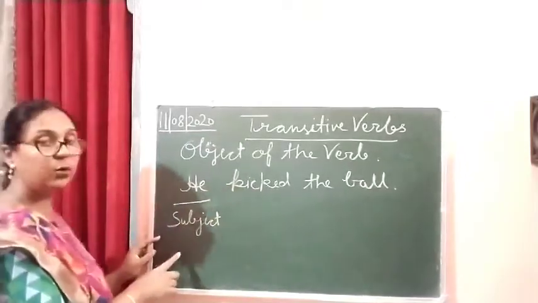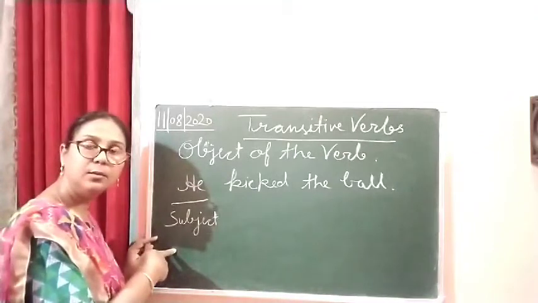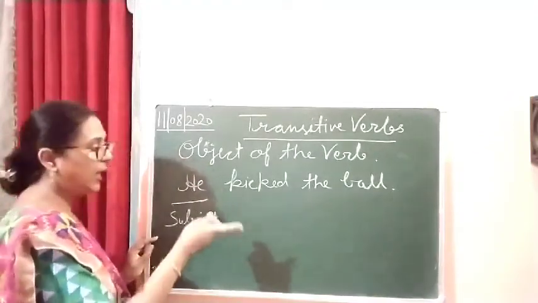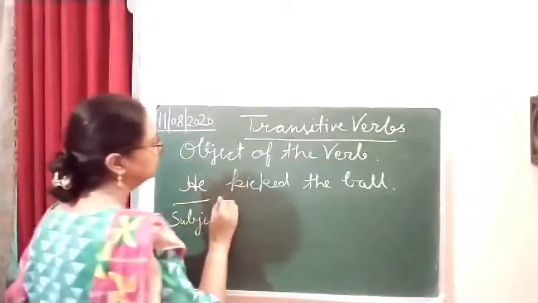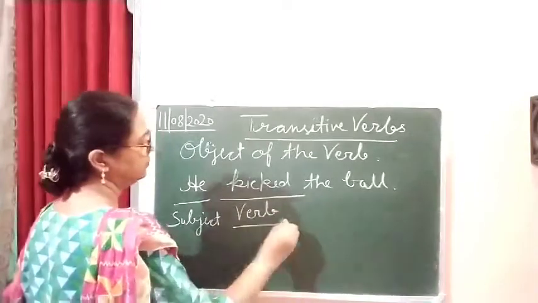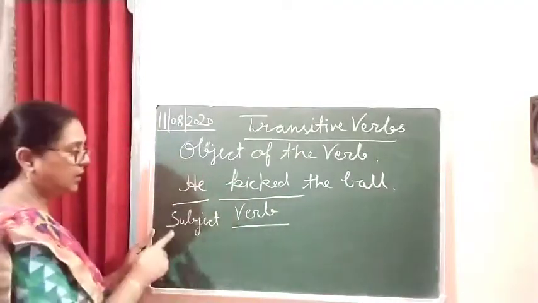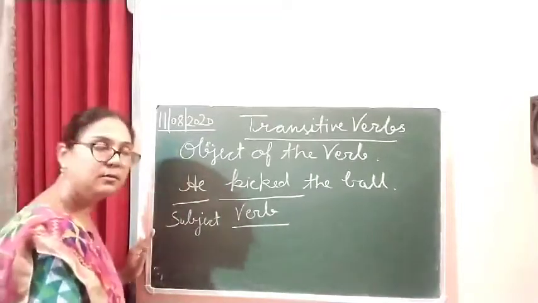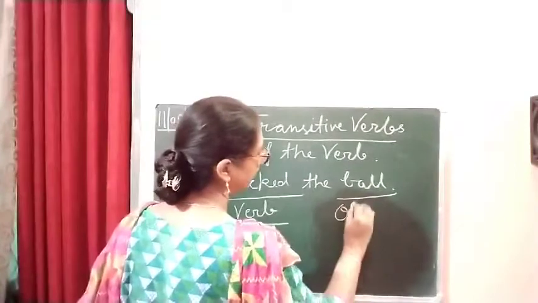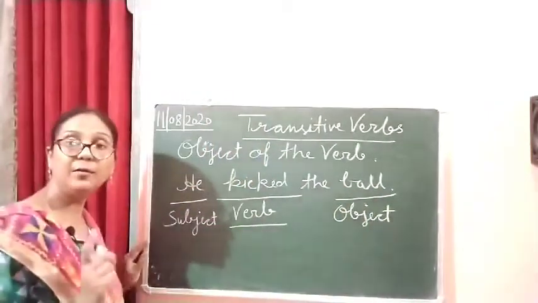From the subject you can understand who kicked the ball. He kicked the ball, because he is the subject. He has done this work. And what work has he done? Kicked. This is the verb. And on which object has he done this work? The ball. This is the object. So that we have to understand.